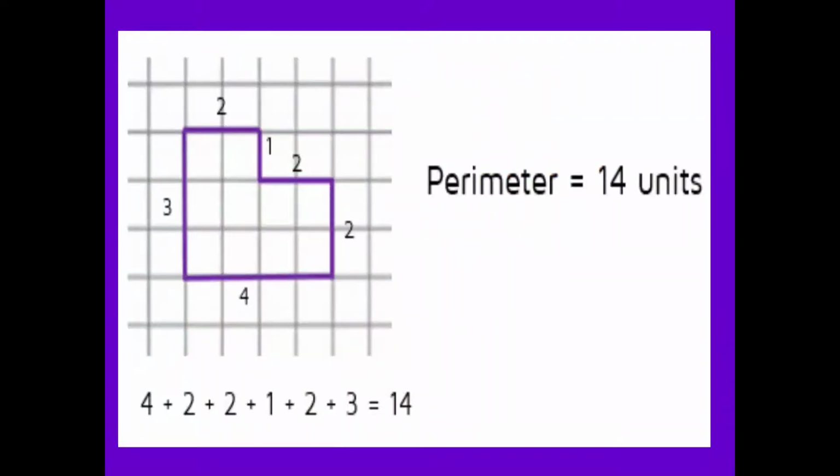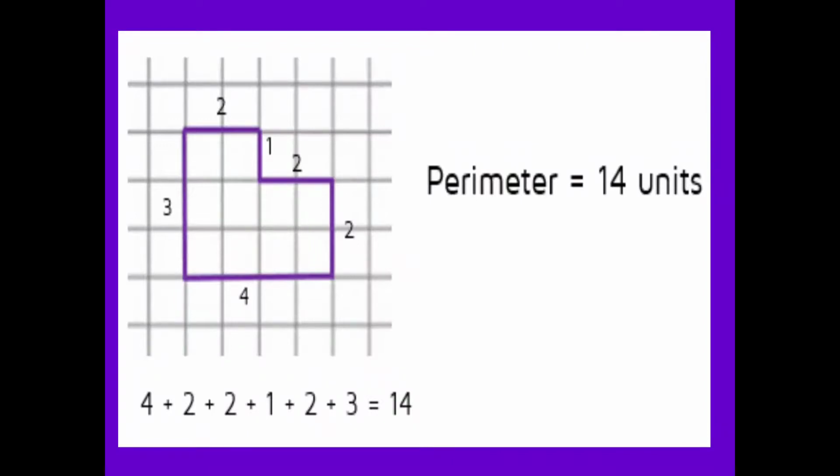Next we are going to find the perimeter of the shape they have given here. With that we are going to find the outer surface of the given picture. Here we have the sides 2, 2, 1, 2, 4, 3. These are the outer sides, and with this we are going to find the perimeter.